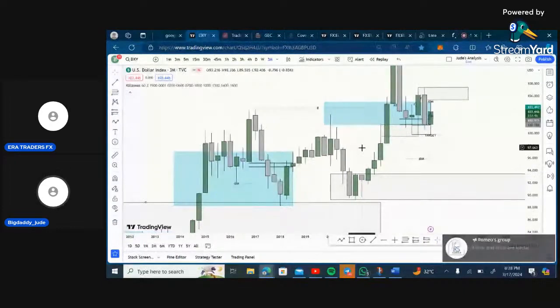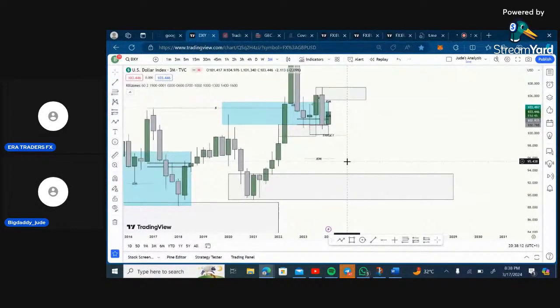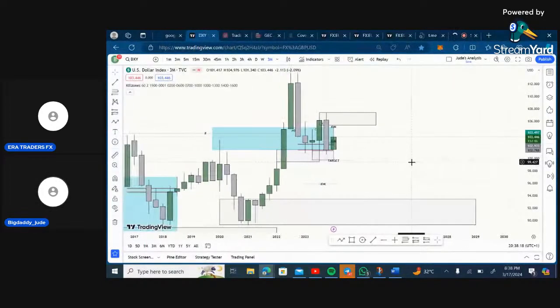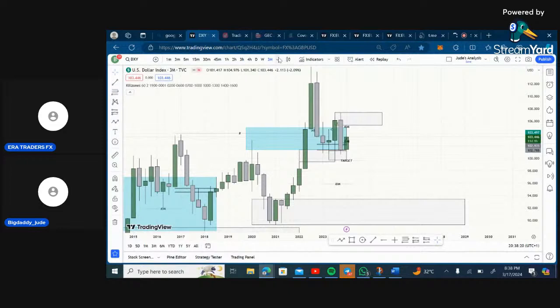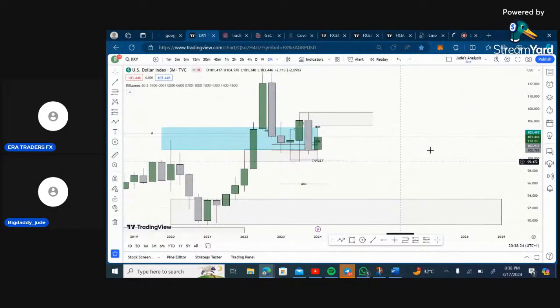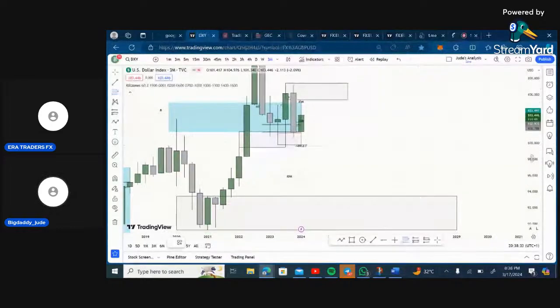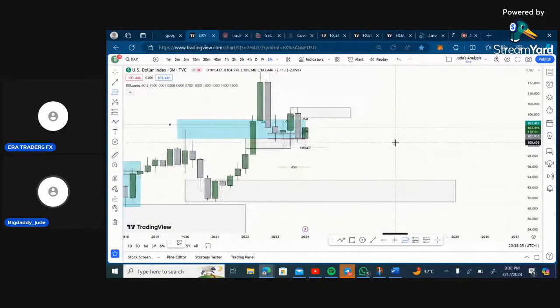And after you have a break of structure, you identify what caused the break of structure, right? So we had a nice order block right here that was responsible for this break of structure. And also, I don't know if you understand the concept of liquidity void, where price has been unnecessarily bullish, right?